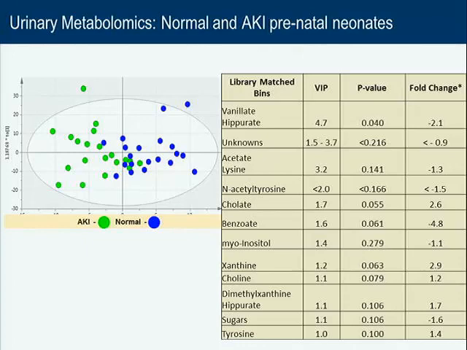We looked at preterm babies without acute kidney injury and preterm babies with acute kidney injury, and we could very easily derive a set of metabolites that defined the state of acute kidney injury in these preterm babies.